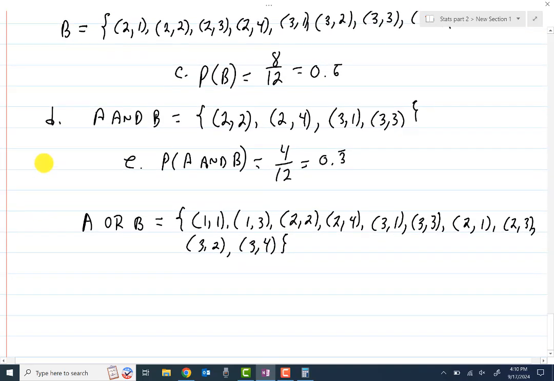So how many items do I have in here now? I have 1, 2, 3, 4, 5, 6, 7, 8, 9, 10 of them. So there is the probability of that. That's 10 out of 12, or as a decimal, 0.83 with a bar over it.